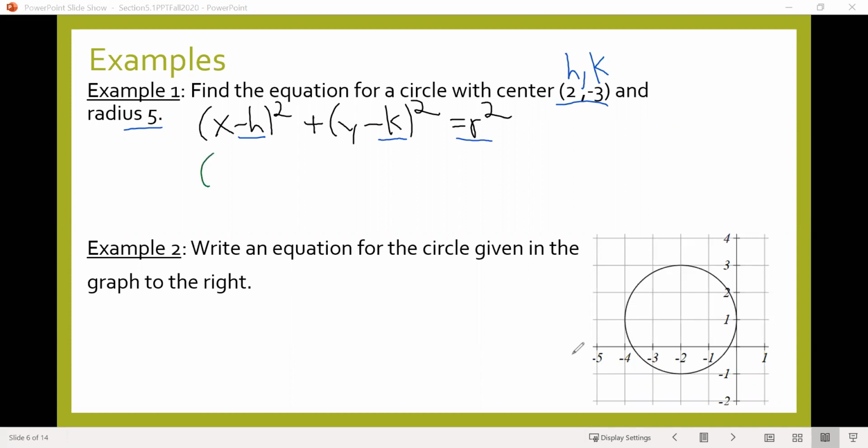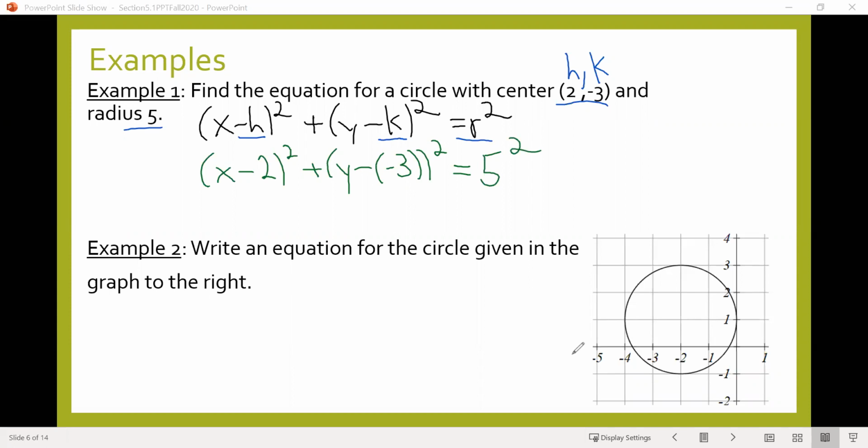We'll have (x - 2)² plus (y - (-3))², with -3 in parentheses, equals 5².